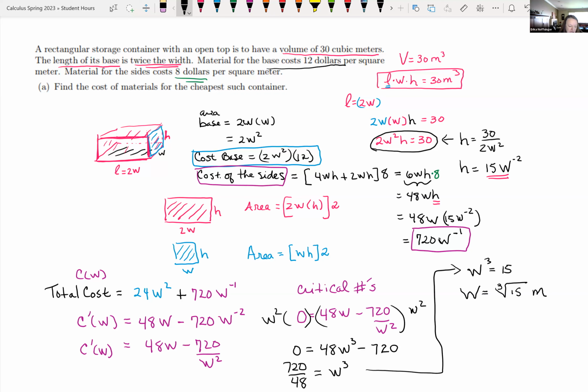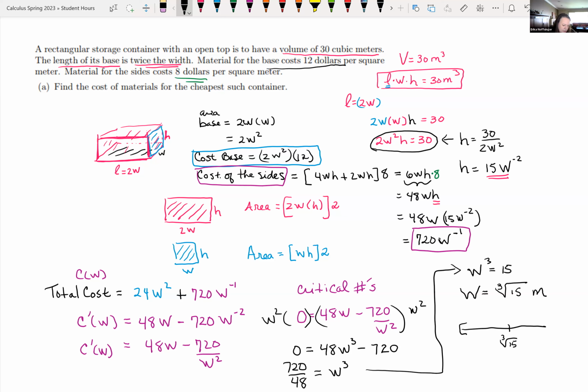Let's just make sure that that's a minimum. So let's just test. We can either test by plugging in and seeing it's negative and then positive on either side, or the second derivative test.